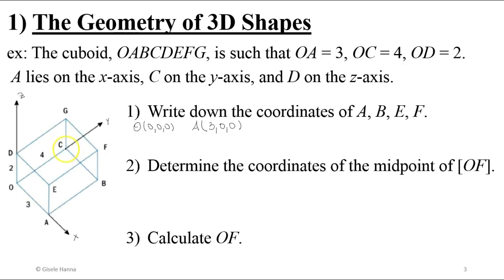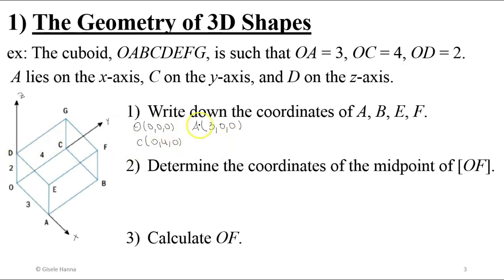Now, over here, I'm going to do C first, even though the question only asks for A, B, E, and F. I'm just going to find the coordinates of all the points on the figure. Okay, so point C is on the y-axis, and we know that it's 4 units away from O. So point C has x equals 0, y equals 4 because it lies on the y-axis, and z equals 0.